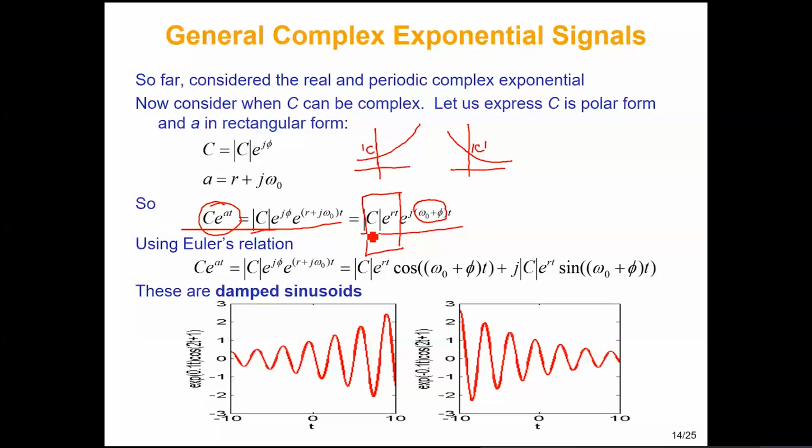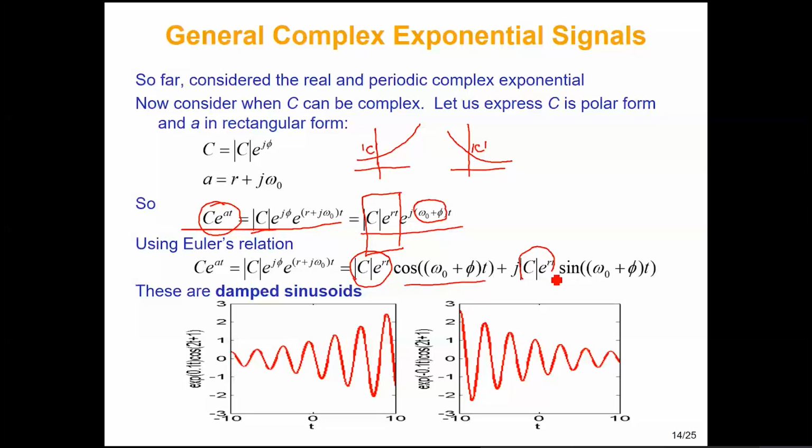We have a real part and an imaginary part, both of which are sinusoids. So cosine of this thing would be the real part, and the imaginary part will be sine of this thing multiplied by t. And if we put a scaling factor with both the real and imaginary part, this is the scaling factor with the cosine, the real part, and this is the scaling factor with sine, the imaginary part.